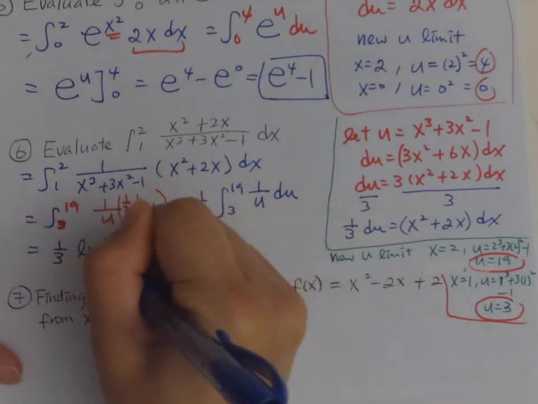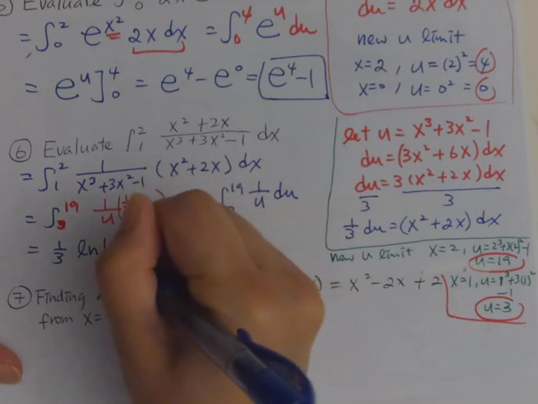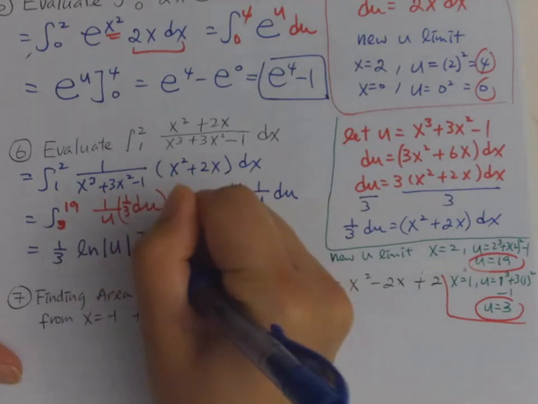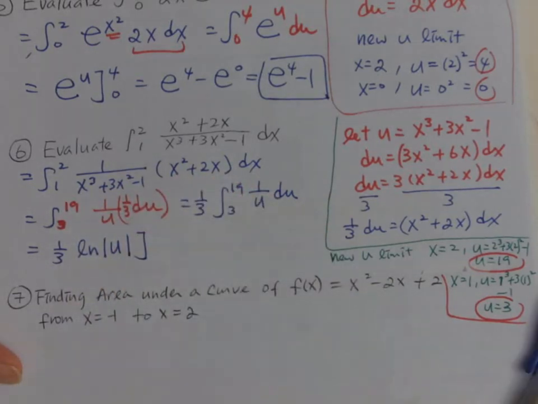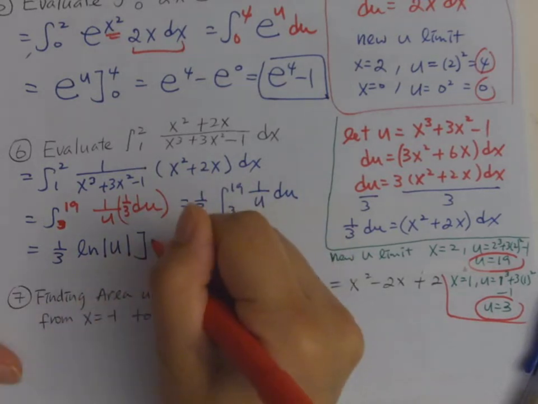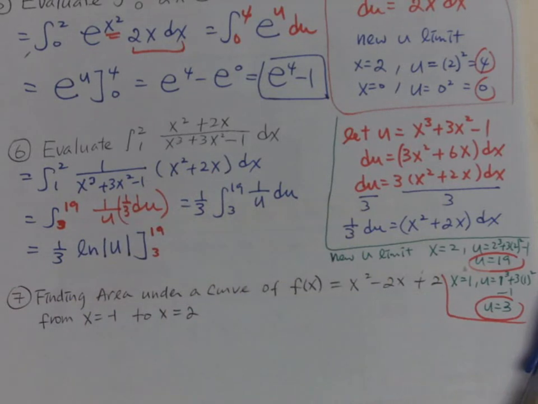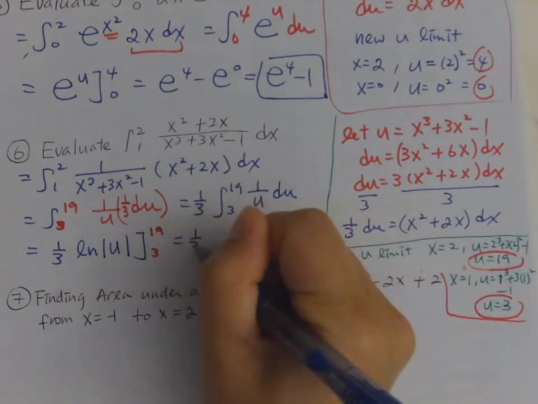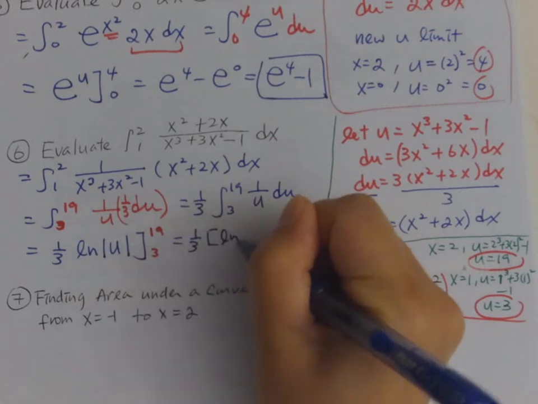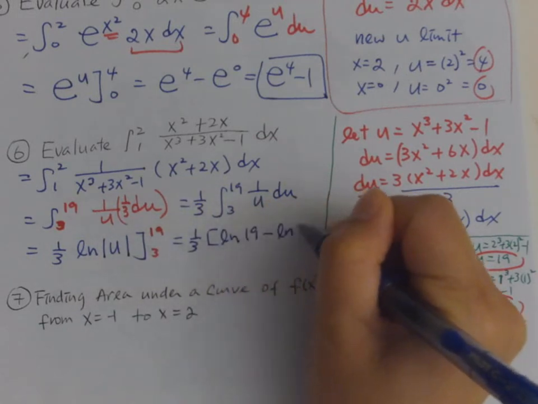So ln of u, and then you're supposed to plug in 19 and 3, right? Okay, so you're going to have 1/3 ln of 19 minus ln of 3.